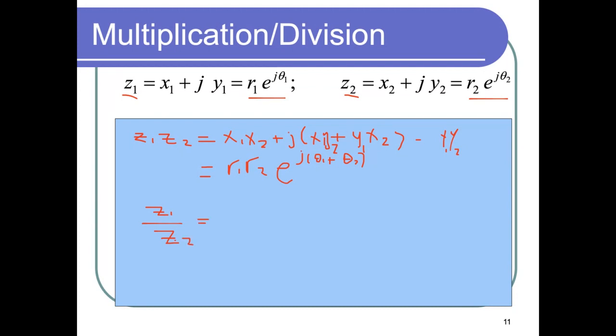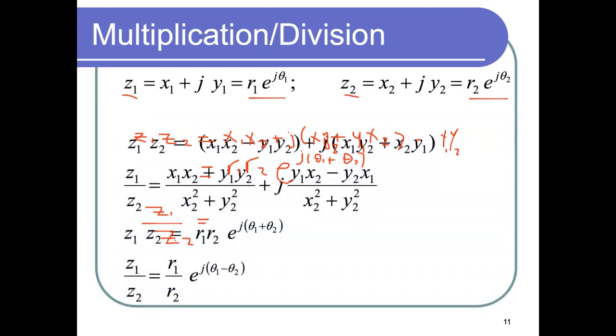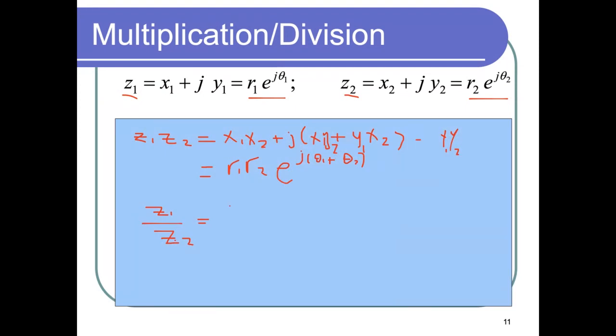But if I apply the polar form, I just have r1 over r2 e to the power of j(theta 1 minus theta 2), right?